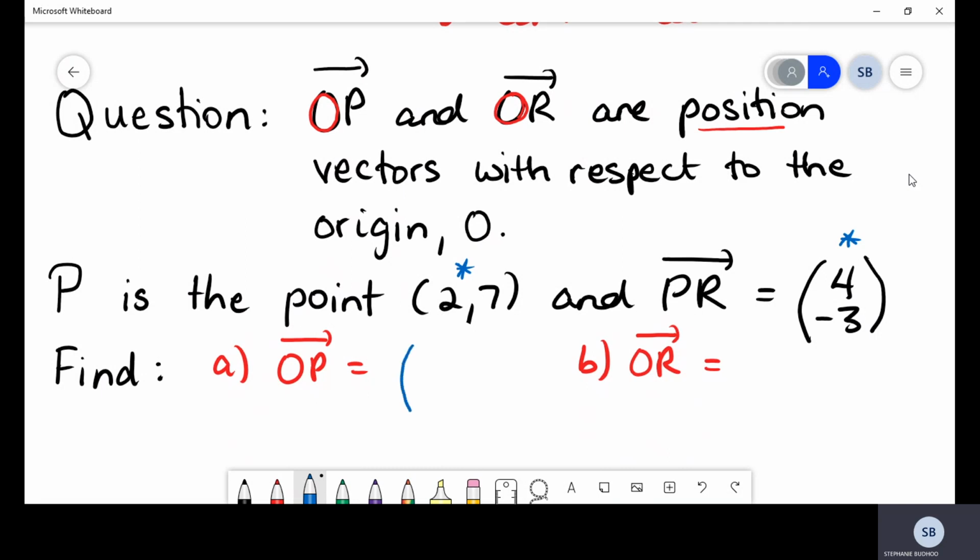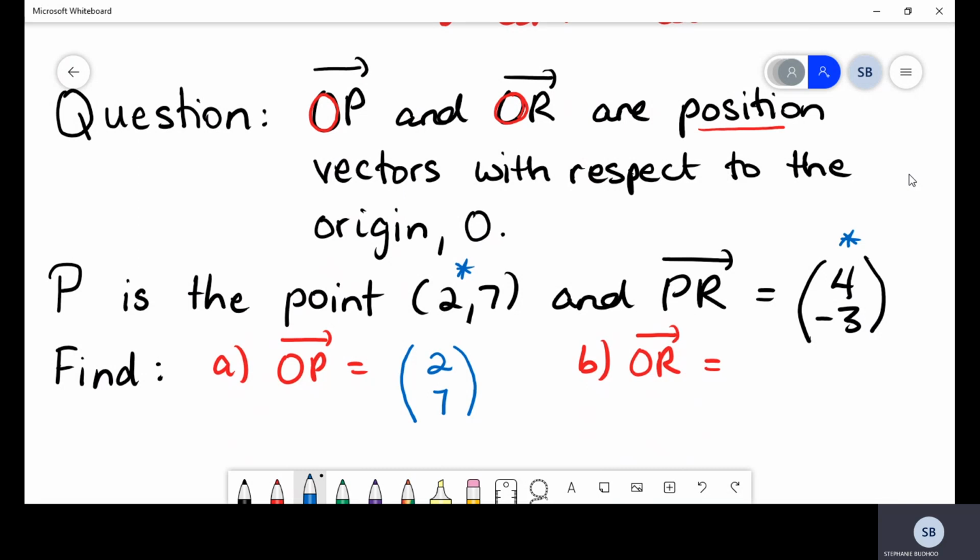And if you can recall from previous videos, a coordinate simply has to be written as a column, and it becomes a vector by writing O in front of your letter. So that part A was really easy.